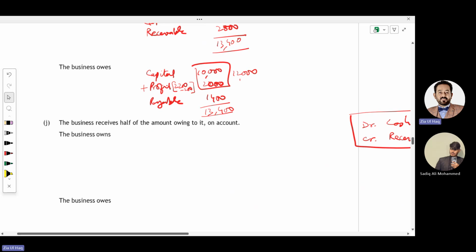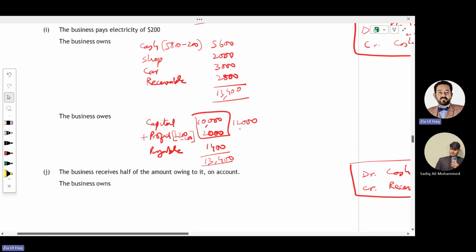The business receives half of the amount owing to it on account. We receive half of the amount that we need to receive. This is receivable. So what is coming into the business? Cash. So cash will now be 5,600 plus 1,400 will become 7,000. Shop will remain the same at 2,000.